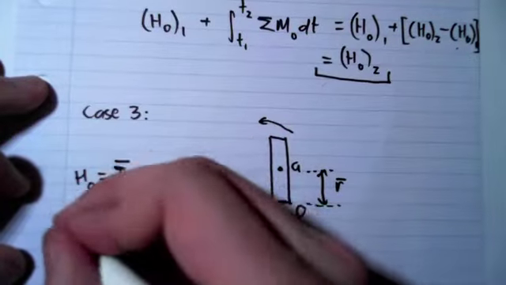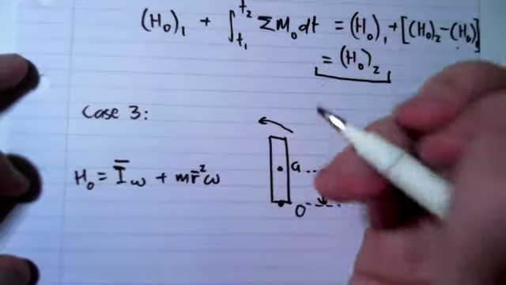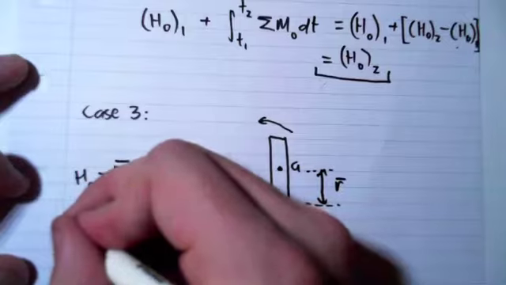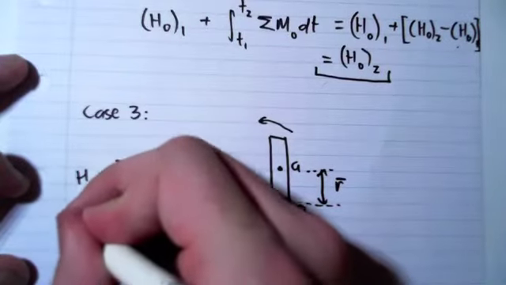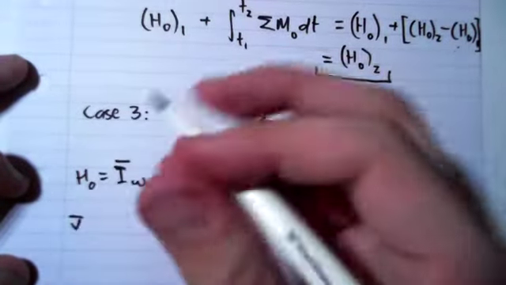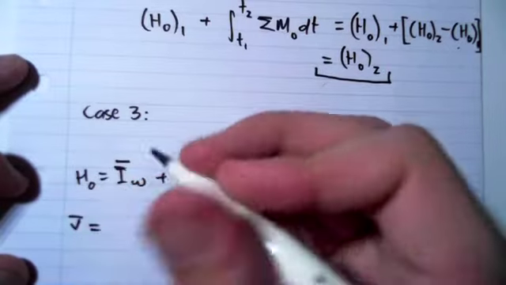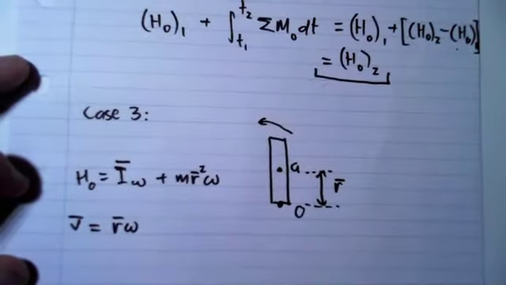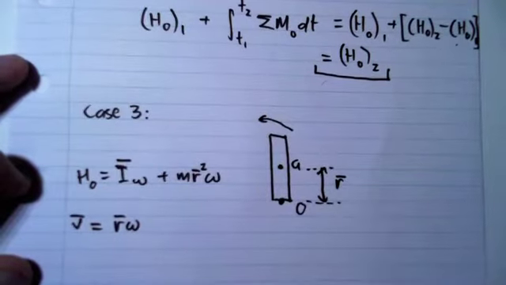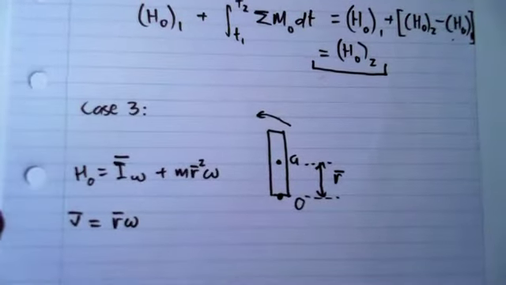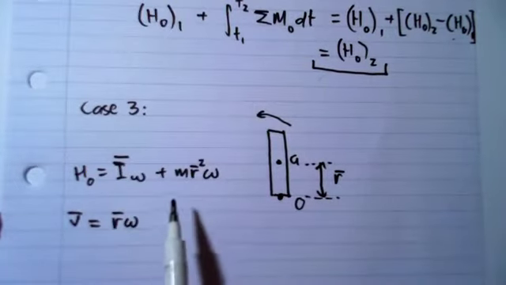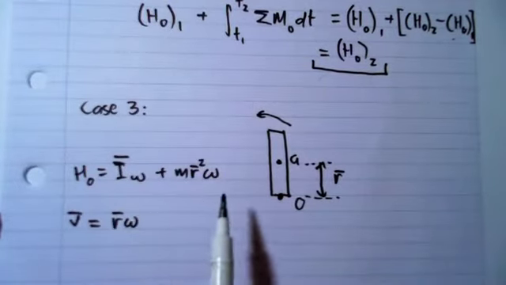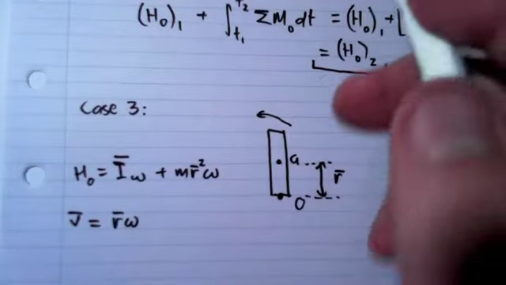Now it's important to note that our linear velocity, v bar at the center of mass, is equivalent to r bar omega, as we've learnt in two-dimensional kinematics. So this in here is equivalent to having mvr, which is roughly the same as mvd.